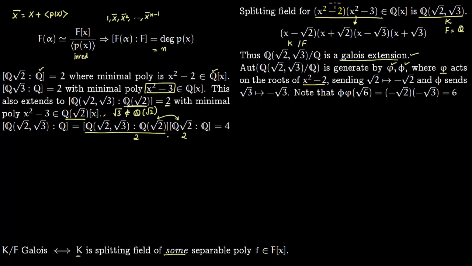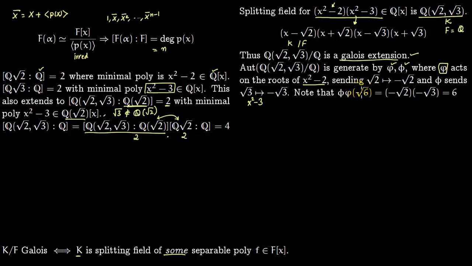It permutes the roots, sending square root of 2 to minus square root of 2. It does not do anything on root 3, because again you have this action only on irreducible polynomials. Phi on the other hand sends square root of 3 to minus square root of 3. So this acts on the polynomial x square minus 3.